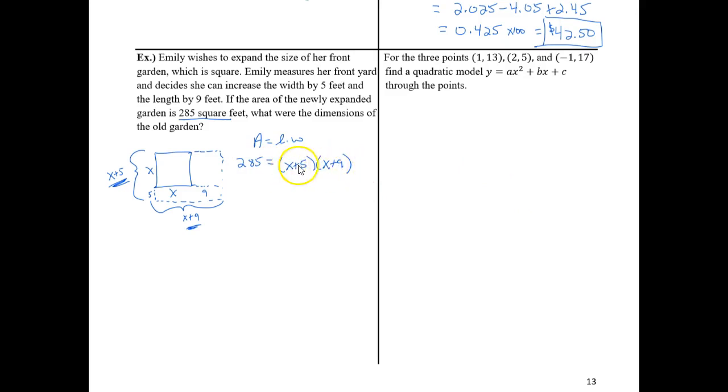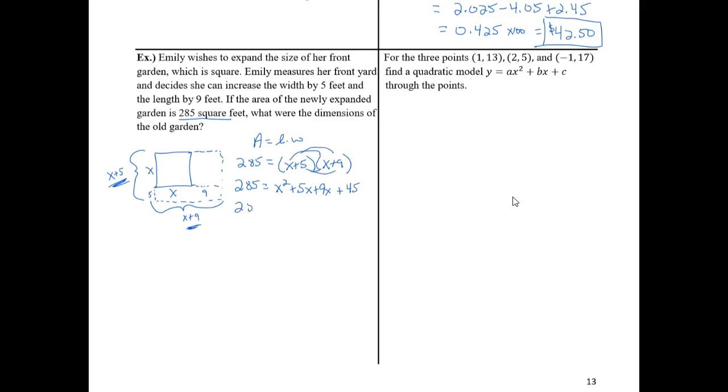So you need to box or FOIL this. x times x would be x squared. Then we'd have 5 times x and 9 times x, and 5 times 9 is 45. So just distributing this to both parentheses.